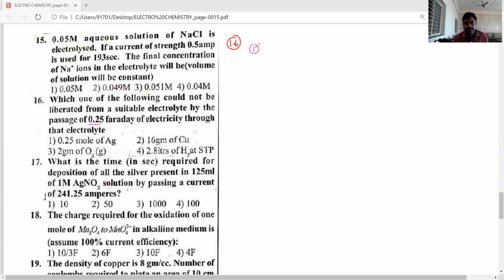The first one: F is equal to 0.25 Faradays. Then the number of moles of silver deposited is equal to number of Faradays divided by n factor.